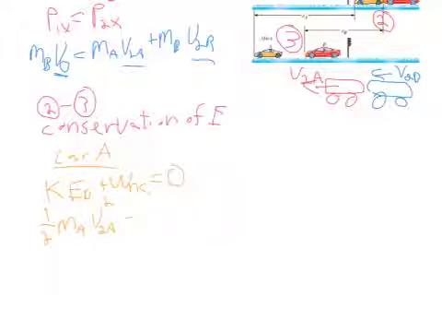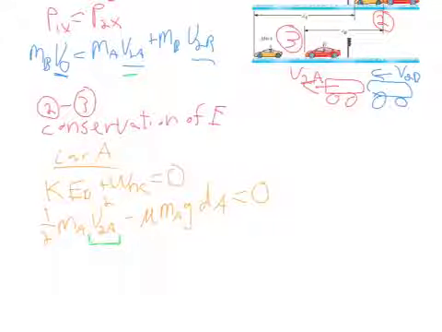The force of friction is mu times the normal force, which here is just its weight, and its work is force times distance, so that's multiplied by dA, and that equals 0. In this equation we know everything except V2A, so we can solve for it right there. That's the answer to part A, and we can use it up here.